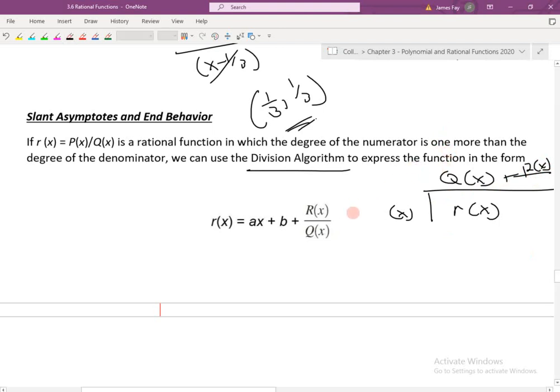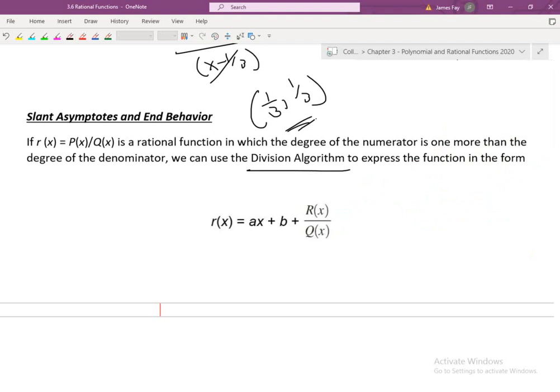And then we had alternate formats that we could put that into, a format like this, where now they're using q of x, which is the denominator and also the divisor. If we go back to when we did long division, we were calling it d of x, but here, because it's q in this formula, they're just using q. But you could say d of x there as well.